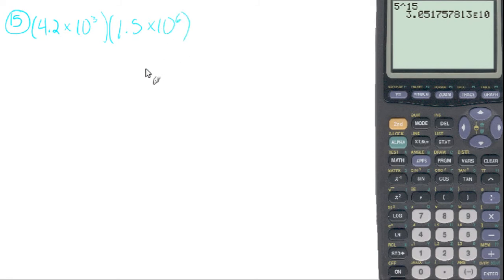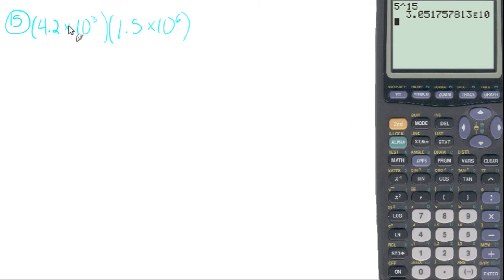Scientific notation is just a shorter, more convenient way to write very large or very small numbers. These ones are very large. 10 to the third really is 1,000, so you'd move the decimal place to the right 3 places, and for 6, to the right 6 places. We're not going to do that. We're going to leave it in scientific notation, multiply this all together and write it as a single number in scientific notation.